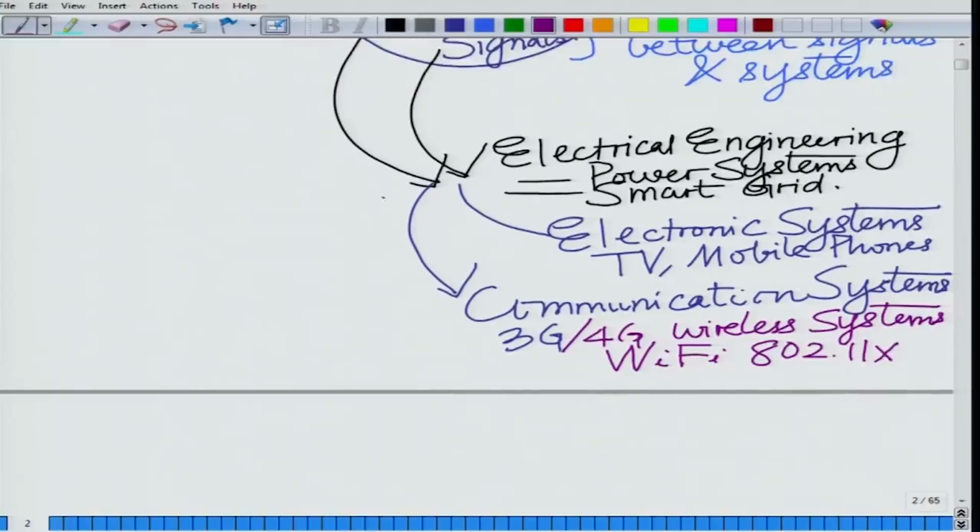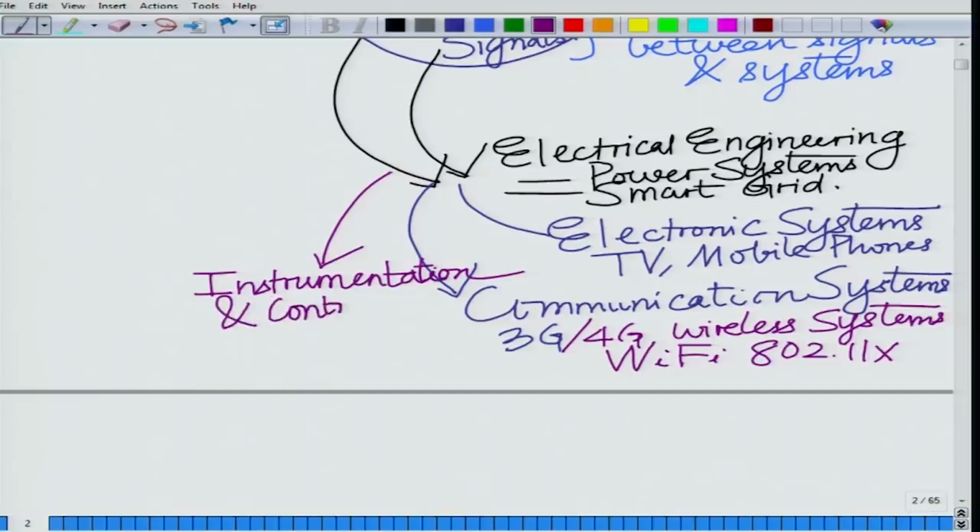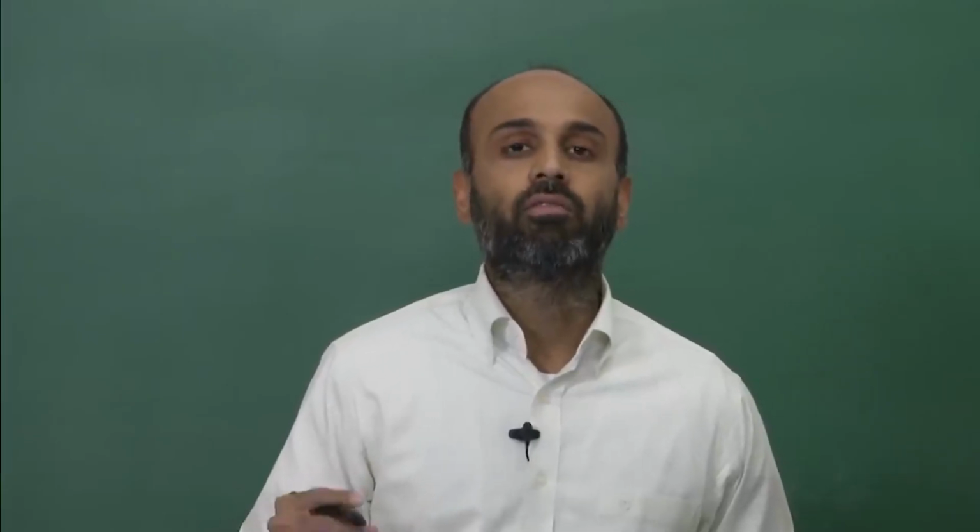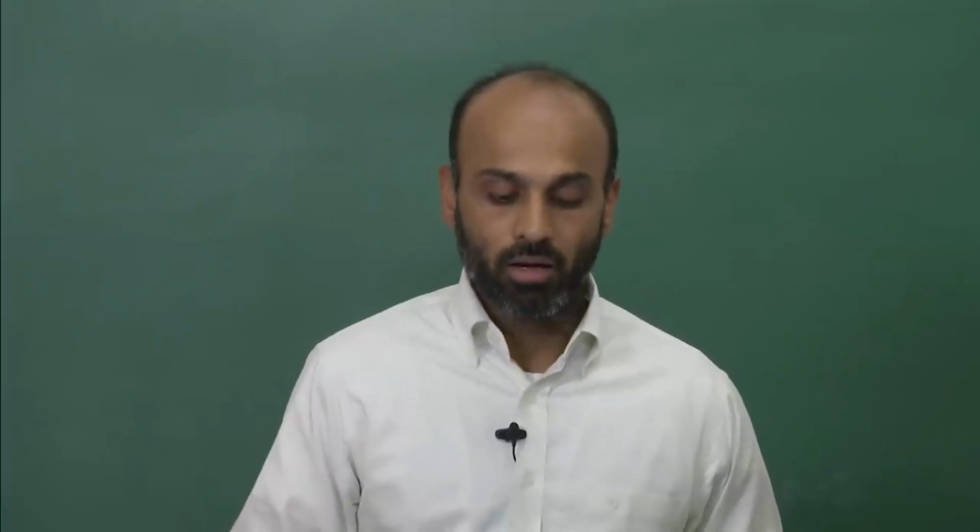You can have control systems, instrumentation and control, such as, for instance, in aircraft. That is a classic example of systems where there are huge applications of control and instrumentation, or in a plant, or a factory, where you have large installations of such control and instrumentation systems.